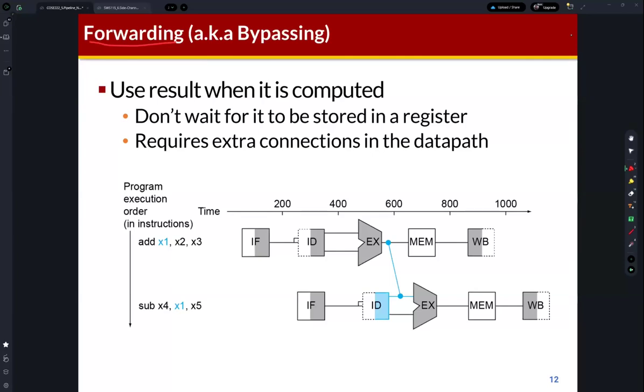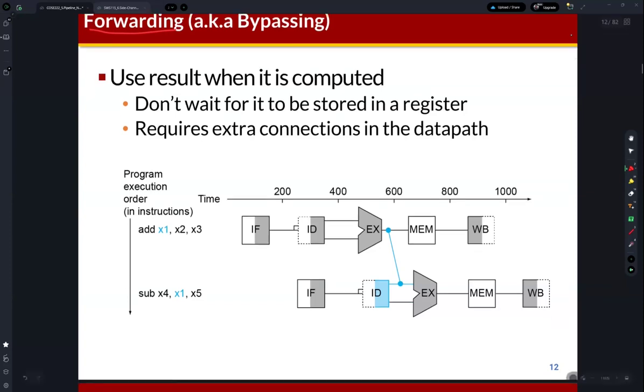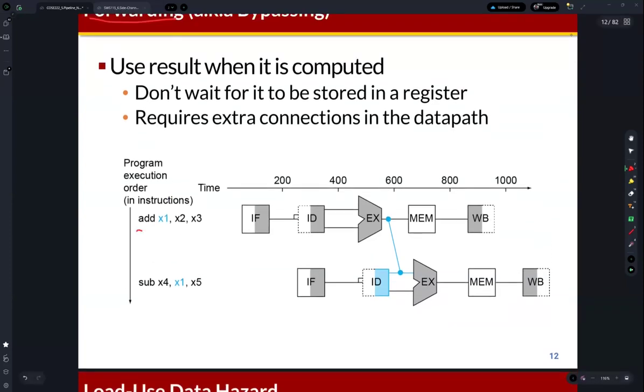Then how can we apply data forwarding? I will explain why data forwarding is possible in this 5-stage pipelining architecture. Let's see this example. The first instruction is add x1, and the second instruction is sub x4, x1.